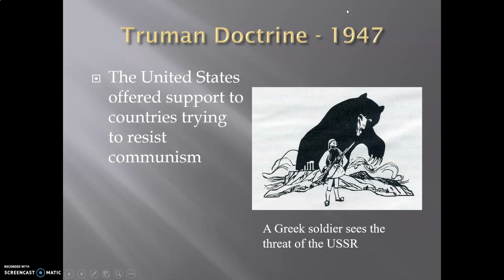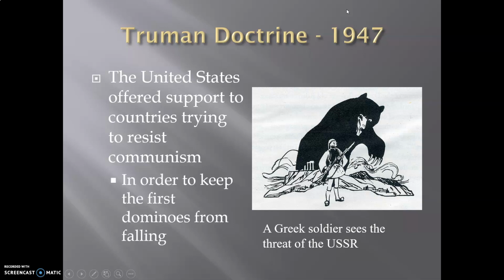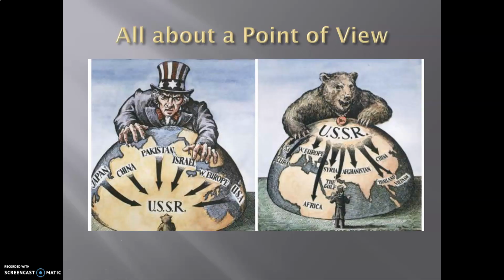They wanted it to happen, but it wasn't necessarily every single time something being carried out by the Soviet Union. Again, the whole idea of the Truman Doctrine is to stop the dominoes from falling, if we go in as soon as a country might fall to communism. So in Greece and Turkey, the U.S. sent troops, supplies, whatever they needed to help them prevent the spread of communism. The idea was, we'll stop the dominoes from falling.